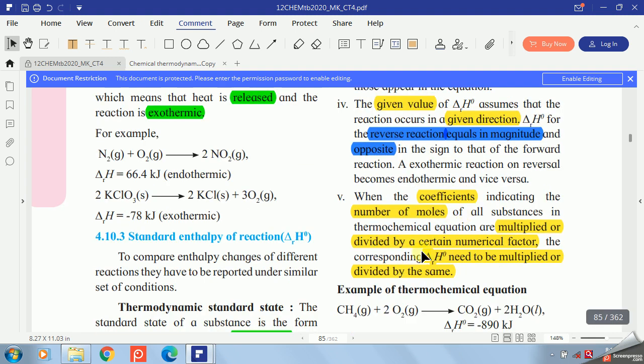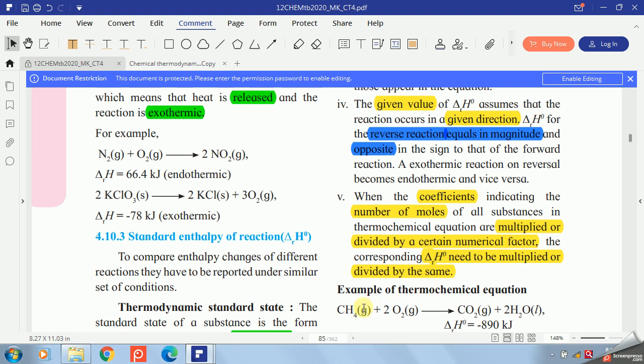The numbers used for balancing the equation are called coefficients, indicating that the number of moles of all substances in thermochemical equations are multiplied or divided by certain numerical factors.